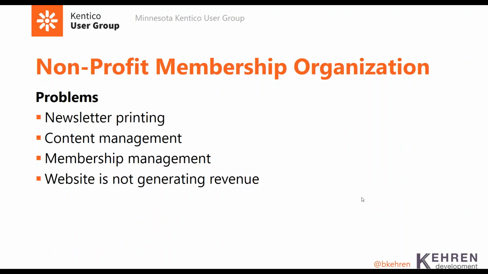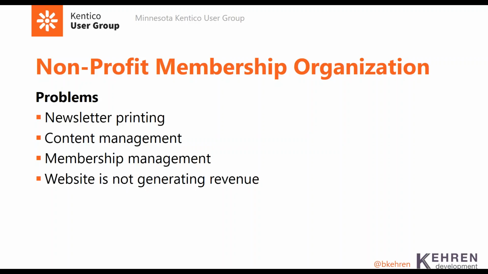So as I alluded to already, they have some issues with newsletter printing because it costs so much, and they have some issues with content management because the person who is managing this is a math instructor at a college, and she's very good with what she does, but she doesn't get in and change content very often.